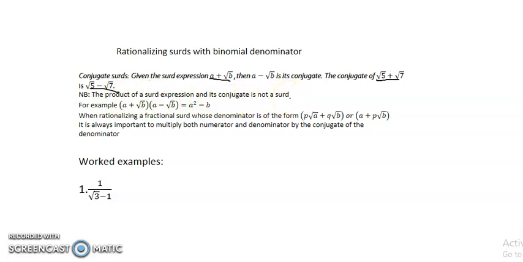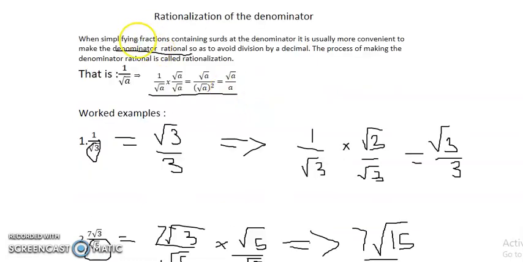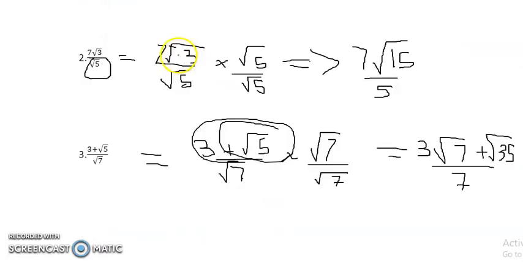That's why when you are rationalizing surds with binomial denominator, we do not multiply it by itself because the answer we get is a surd. But I want to get a rational denominator. So when we multiply a surd expression and its conjugate, the answer is not a surd, meaning we achieve our primary purpose to get a denominator that's rational.